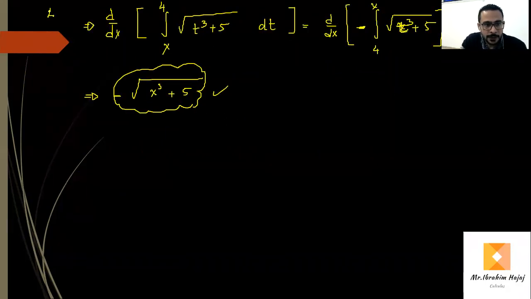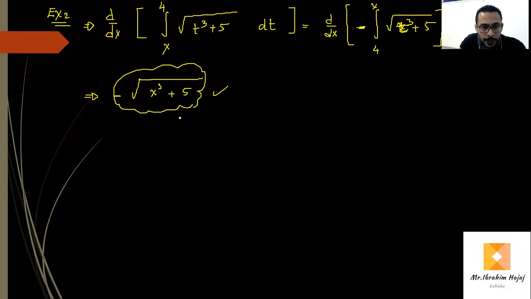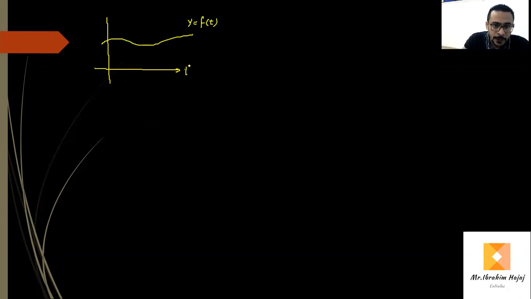This is another example. Let me name it example 2, and the previous one is example 1. Okay, the story becomes, guys, from here: when we have some function f which is a continuous function, we can name it y equals f of t, and this is t, and here this is the y axis.